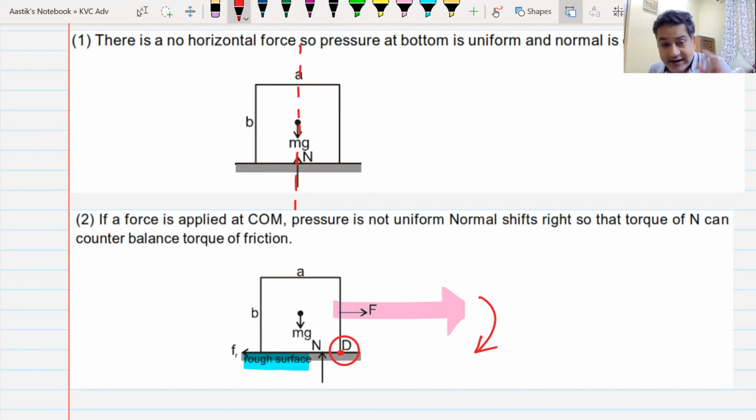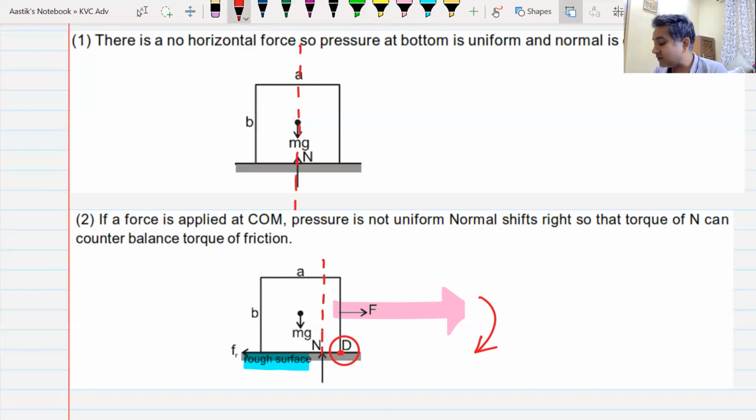That means someone has to give a torque in the opposite direction so that this block does not topple. Now, how is this torque produced? There is no way to produce this torque. So the normal reaction understands that it has to do something about it. What this normal reaction does is start to shift.